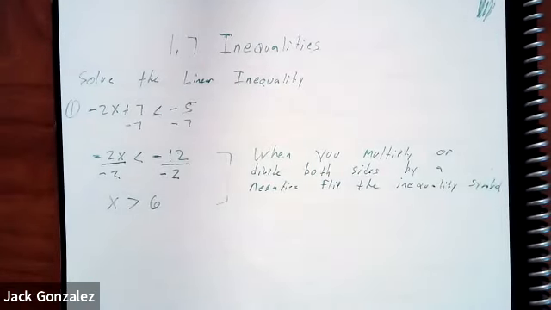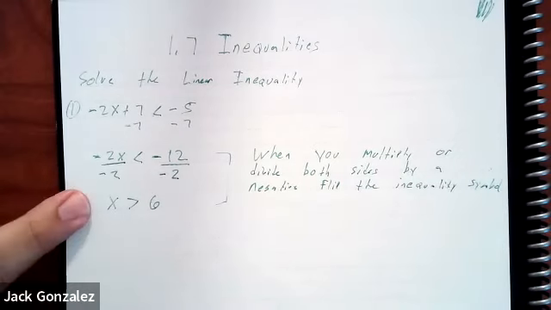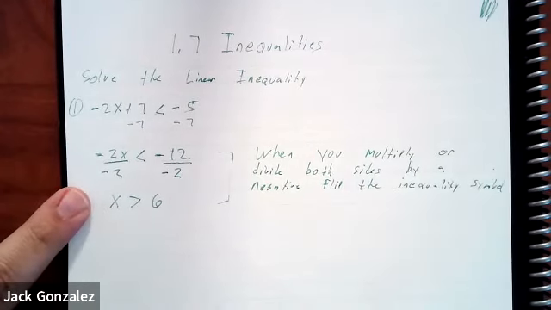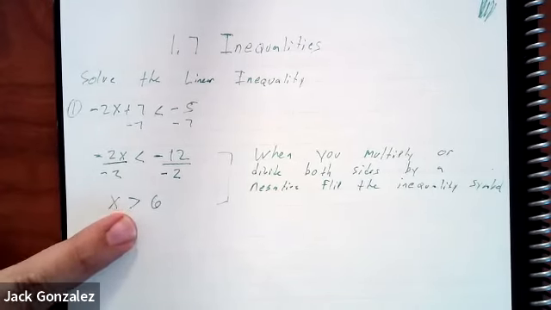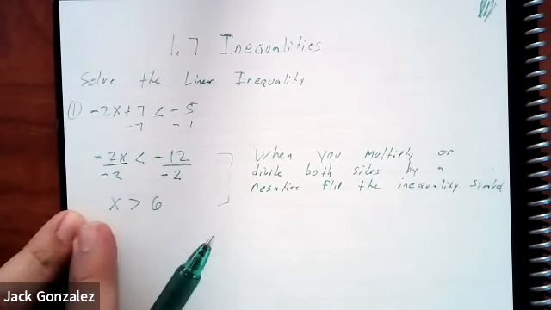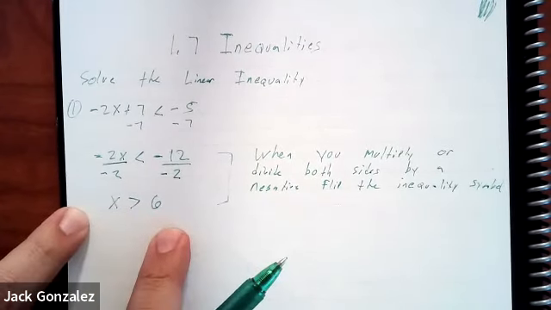All right, is that straightforward? But now you have to interpret the solution. We finished, but what does this mean? What is x? It's always pointing at the smaller one. So x is greater than 6.